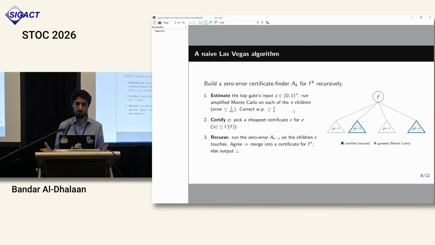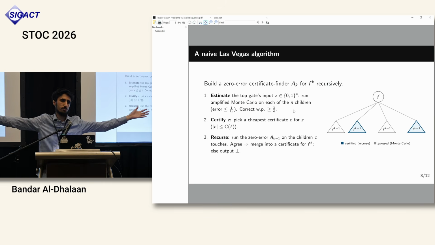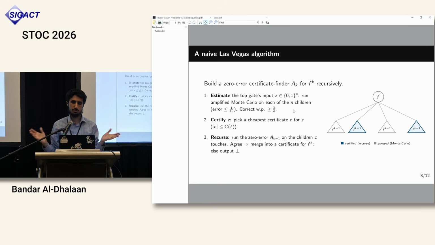But this gives us a union bound that this provisional estimate of the values for f's children is correct with probability at least 3/4. From these provisional values, we are going to pick the cheapest certificate, and we're going to recurse down into each one of these children that are constituent parts of this certificate in order to verify that our guess was correct.